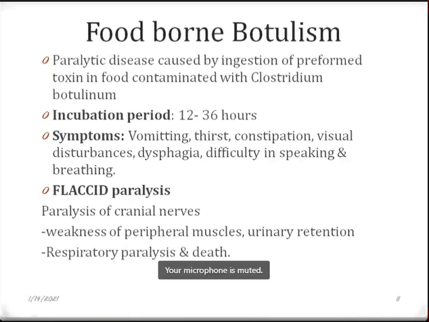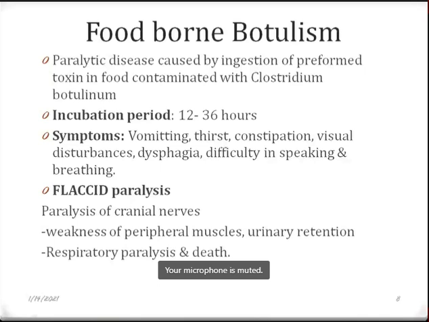Due to paralysis of cranial nerves, there will be weakness of peripheral muscles. There will be urinary retention and respiratory paralysis, and ultimately death. Due to respiratory paralysis, death may occur in foodborne botulism.